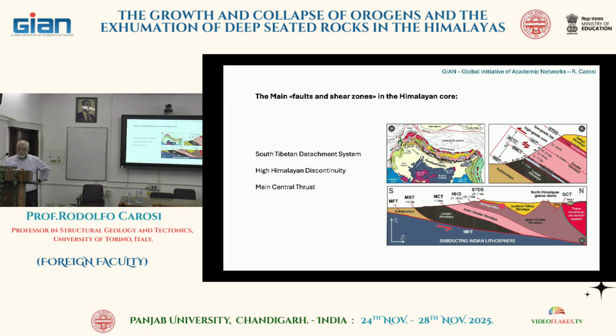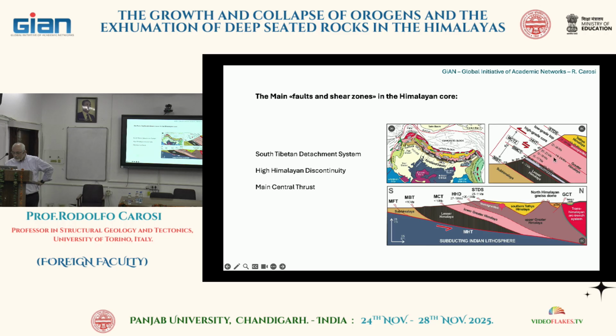Okay, now we give a look to the main faults and shear zones: the South Tibetan detachment, the high Himalayan discontinuity, and the main central thrust. In this picture from a paper of Garzanti, 2019, we can see a section of the Greater Himalayan sequence. Here, the South Tibetan detachment at the top of the metamorphic sequence.